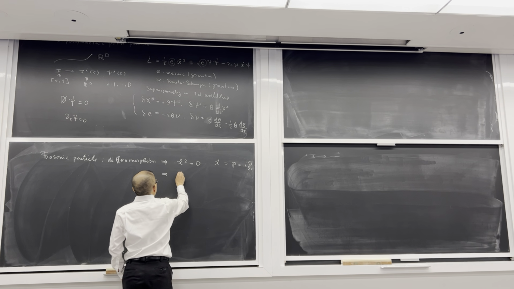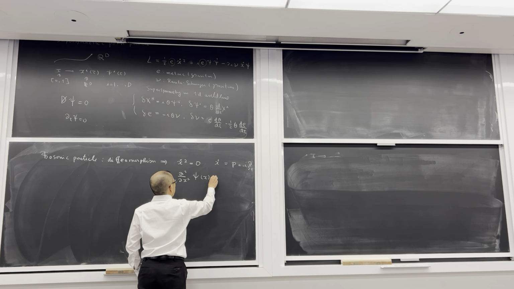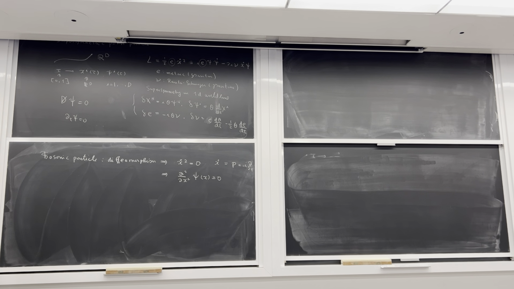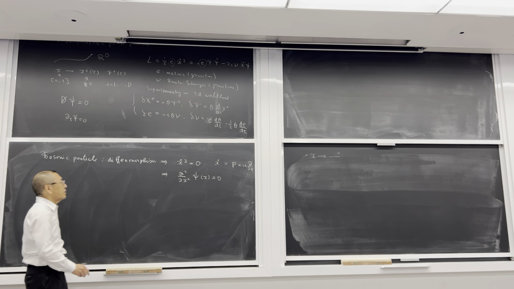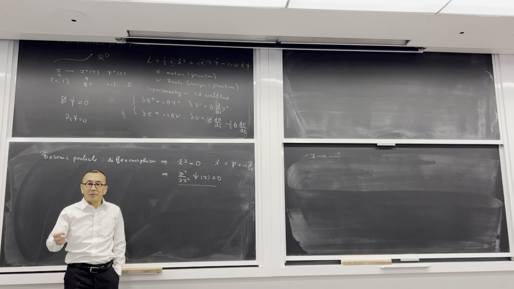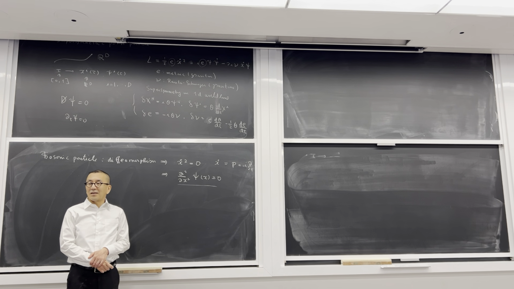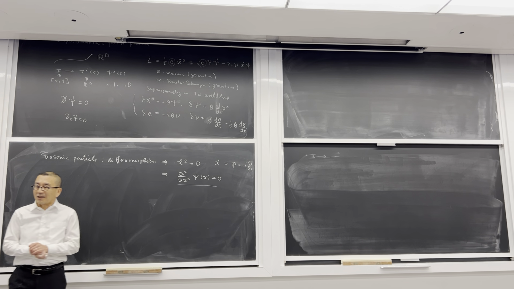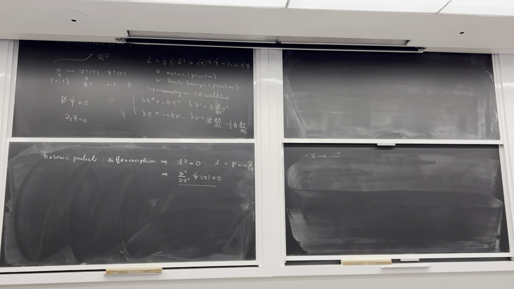So it gave rise to the massless Klein-Gordon equation for the wave function. Okay, so in the case of the bosonic point particle, if you quantize the world line theory, and if you impose the diffeomorphism condition on the wave function of the quantized bosonic particle, it gives you the massless Klein-Gordon equation. So this is something we discussed at the beginning of this course, I believe.